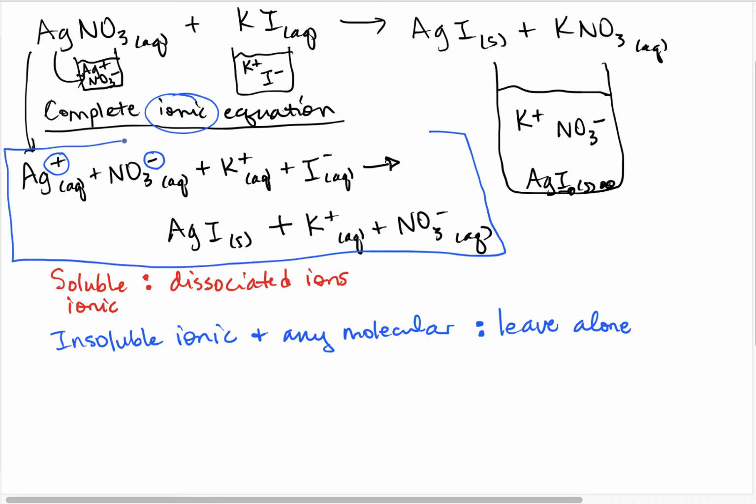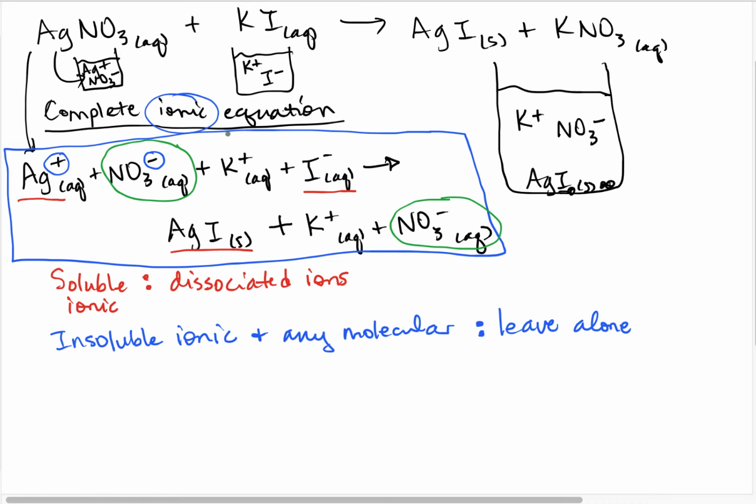And one of the things I want you to look at here is what the active chemical species were. Notice we have silver ion and iodide ion on one side of our arrow, and on the other side we have silver iodide, and that becomes a solid. So it's different on the left and the right. But notice that right here we have a nitrate, and over here we also just have a nitrate.